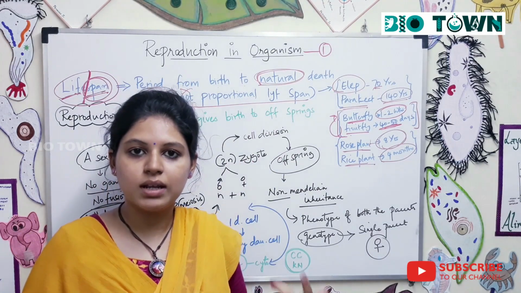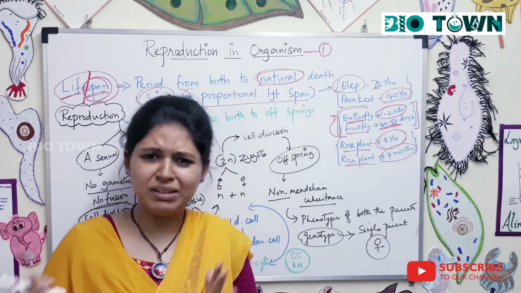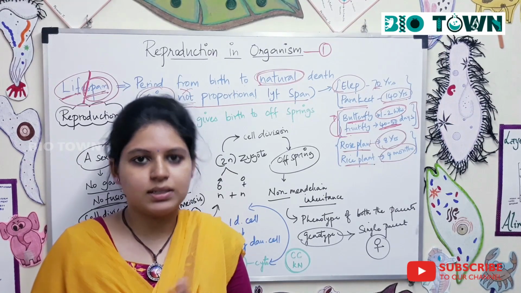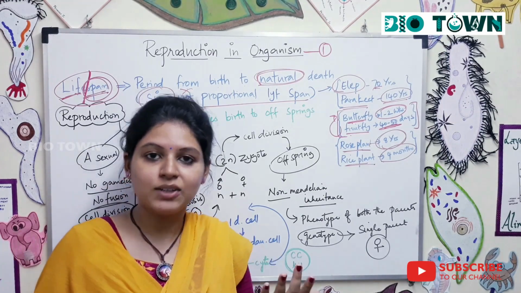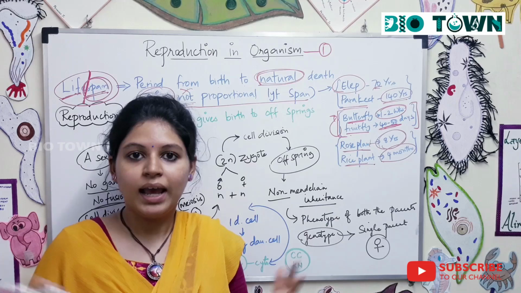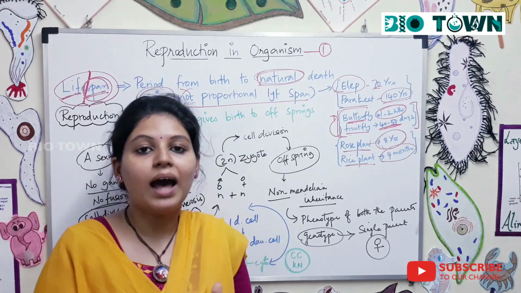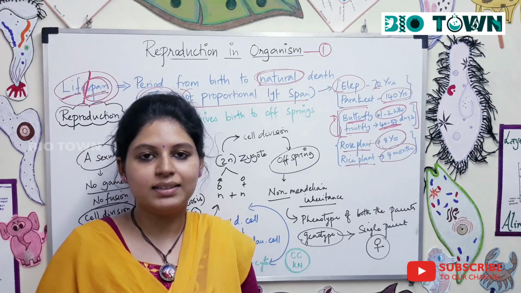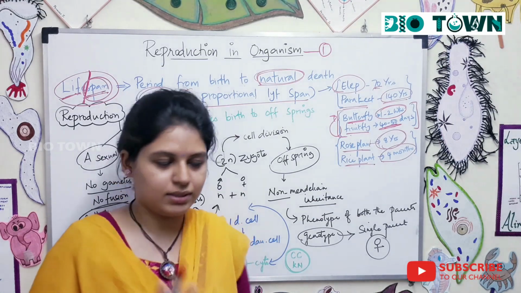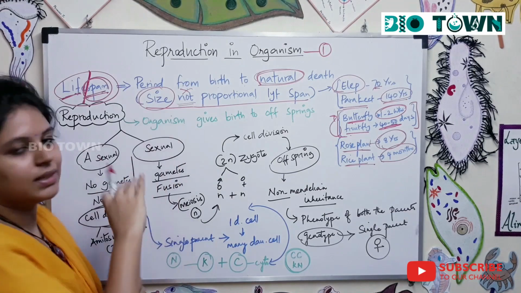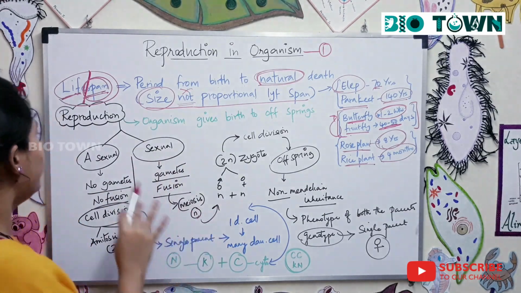So we humans live only for 70 to 90 years, a normal lifespan. But you can imagine the banyan tree, 200, and it goes on for years, 300, 400, depends. But the average lifespan of a banyan tree is just 200 to 250 years, right? So size is in no way related to its lifespan.